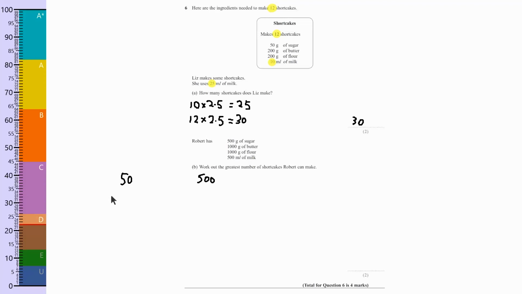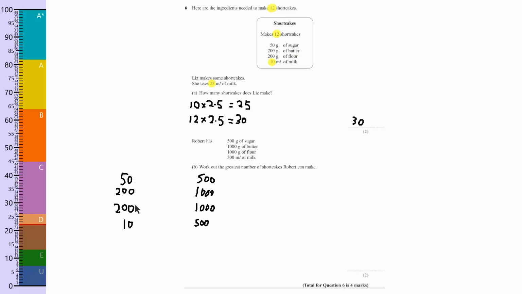We could write sugar, but I'm not going to bother. He's got 1,000, 1,000, and 500. And let's put these in. So it's 200 grams of butter for the recipe, 200 grams of flour, and 10 millilitres.